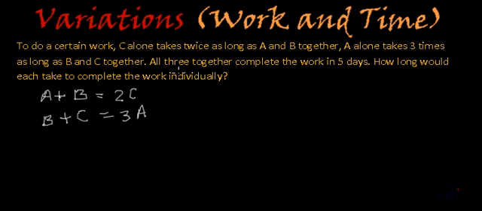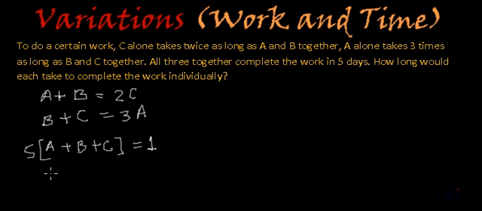And according to the next sentence, all three together complete the work in 5 days. That means if A, B and C are all working together, they have to work for 5 days to finish the job. The job is 1 unit, right?